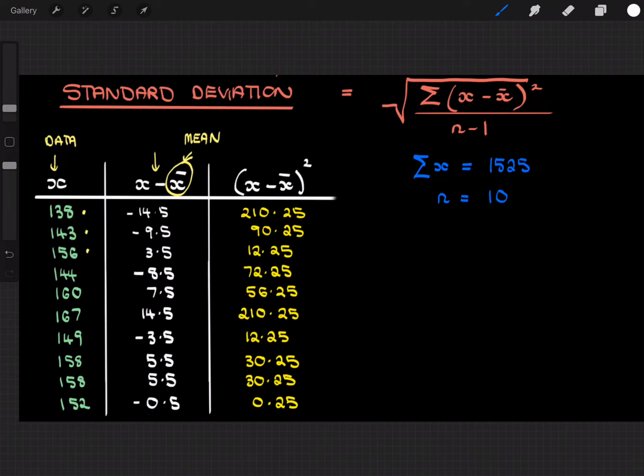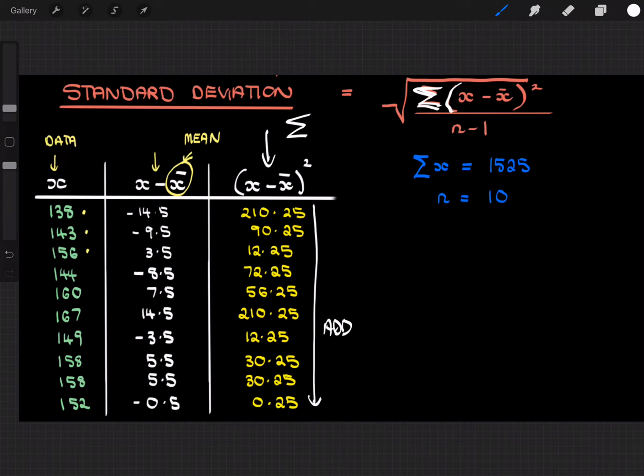So now, in order to work out the standard deviation, I just need to plug in the value that I'm looking for, which is this. I want the sum of x minus x dash squared. The x minus x dash squared is this column here. So this is telling me to sum them, to add up all those numbers in here.